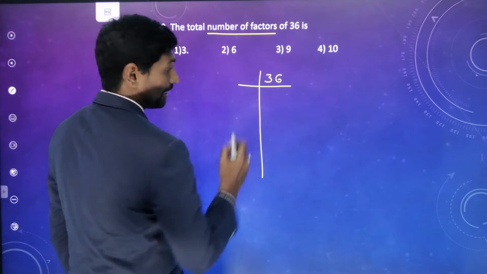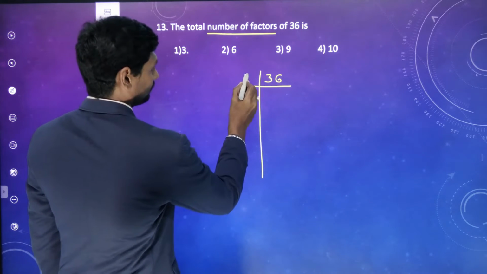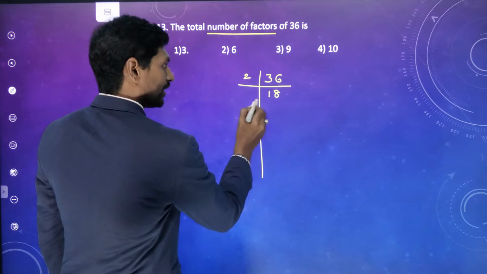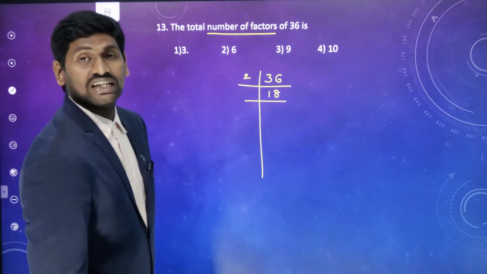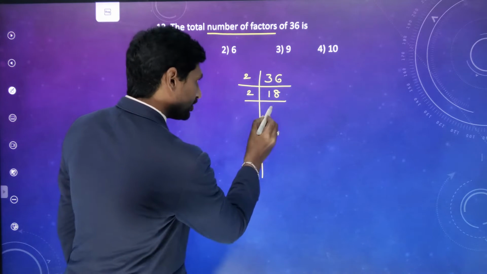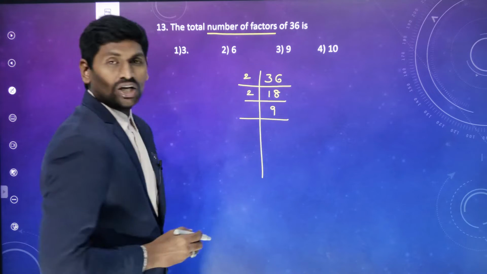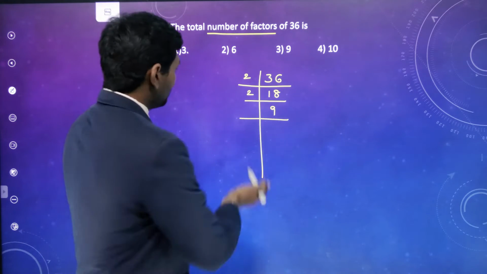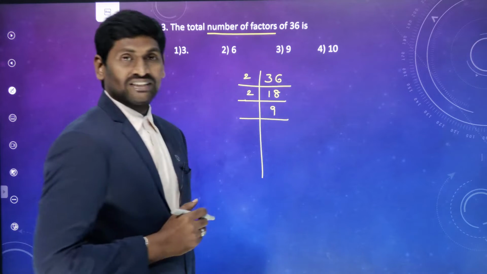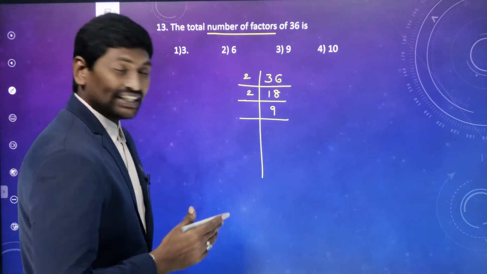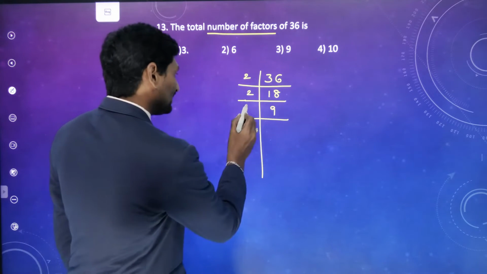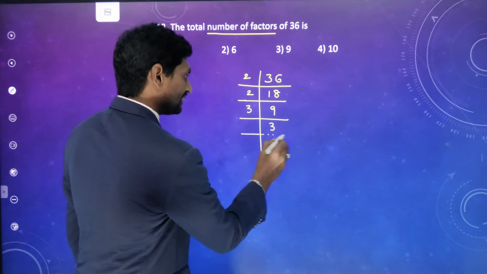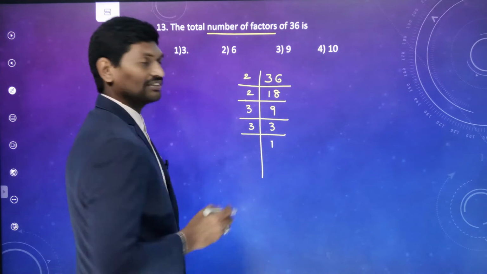Now I am taking the first prime number, that is 2. 2 eighteens are 36. Again 2 nines are 18, sorry, 2 table does not have 9. So we can take the next prime number, that is 3. 3 threes are 9, and 3 ones are 3.